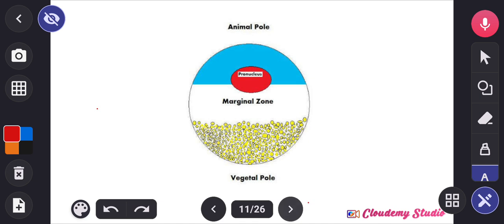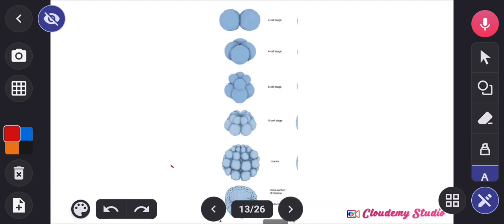Now, we have to understand that the cleavage in Amphioxus lanceolatum is holoblastic. So they undergo what we refer to as holoblastic cleavage, also referred to as complete cleavage. You understand? Now, this cleavage involves the complete division of the cells from 1 to 2 cells, referred to as the blastomeres, from 2 blastomeres to 4, from 4 to 8, from 8 to 16.